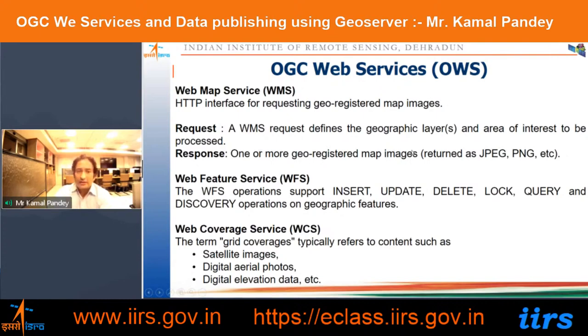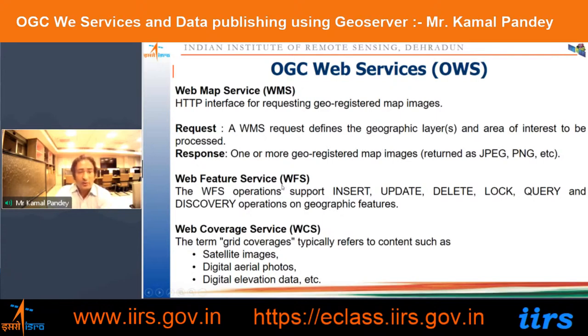One or more registered images. So we send one request along with this WMS. I will give you one demo of it, how we are sending this request. Once this request is sent, the service processes it with the help of that WMS and provides the response in the form of a JPEG or a PNG image.